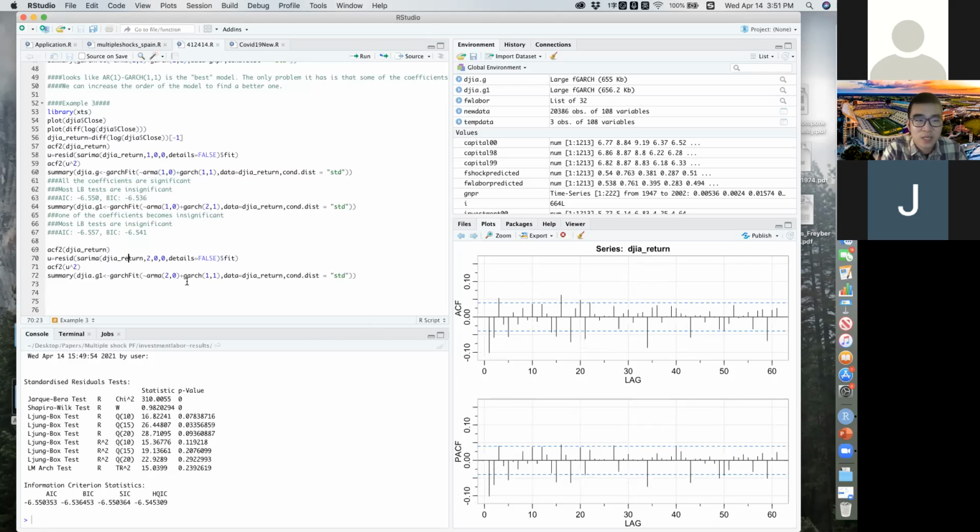Okay, so what I do is that I change the order of the ARMA part. And remember, whenever you change the ARMA part, you need to plot the residual square again, right? Because whenever you change the order, the residual is going to be different. So you need to replot the ACF and the PACF of the residual square.